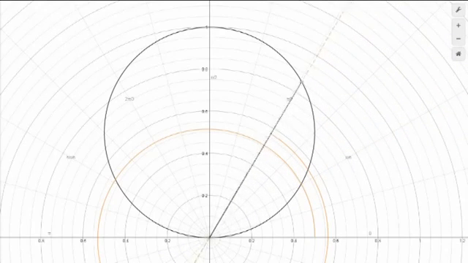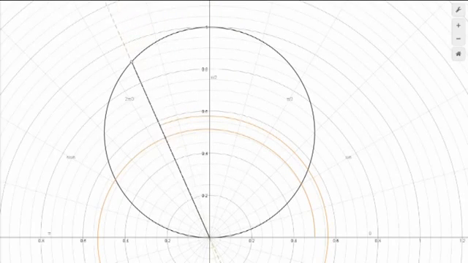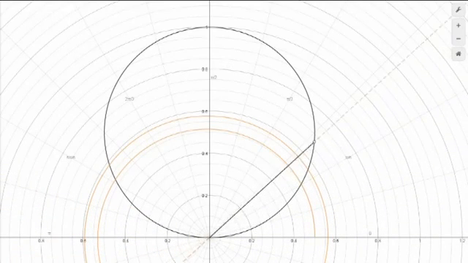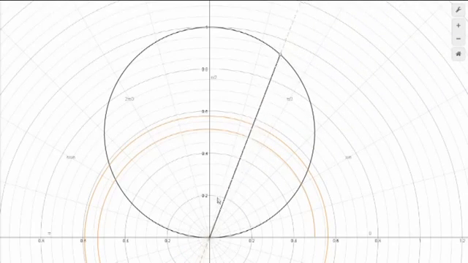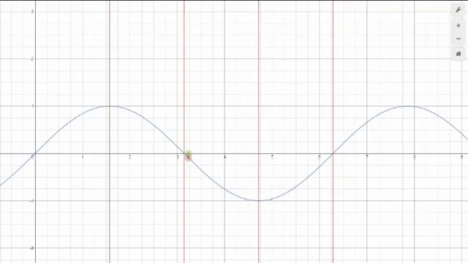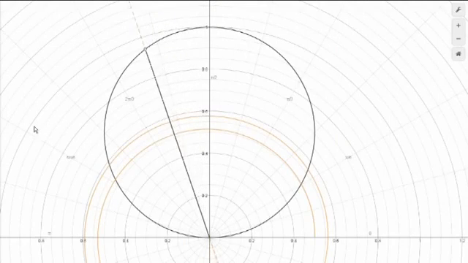This is a good intro one, because it shows you how the r increases and decreases and goes from positive to negative, and yet stays in one single configuration here. As it keeps going around and around, r goes from positive to negative, in and out, in and out, over and over again, and it plots up this circle.